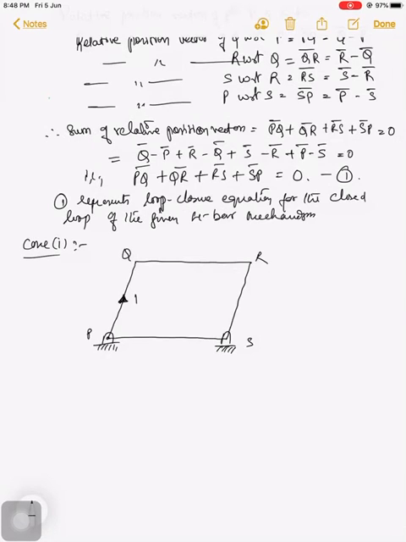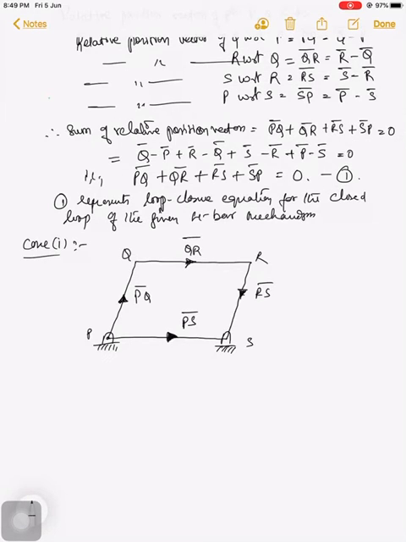So this is the direction of link PQ. This is QR, RS, but the link PS has an opposite direction vector.